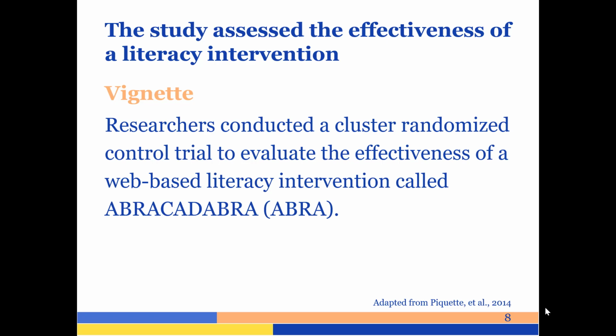The example study we'll look at entails researchers conducting a multi-level cluster randomized trial to evaluate the effectiveness of a web literacy intervention called Abracadabra. And the reason it's a cluster randomized trial is the randomization was of schools, meaning schools were randomly assigned to different treatments. For clarity of presentation, some of the details we present, as for most examples, are quite different from the published study reference.